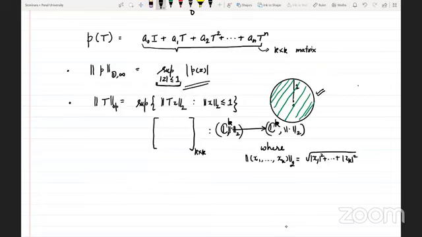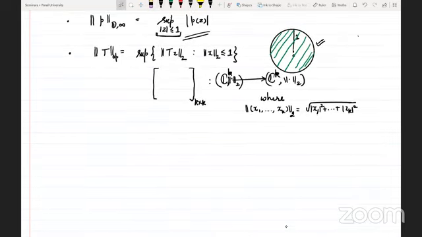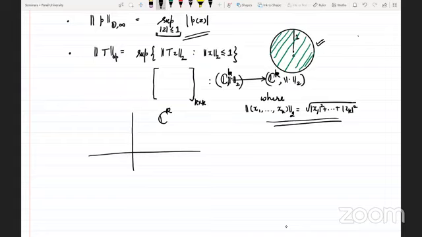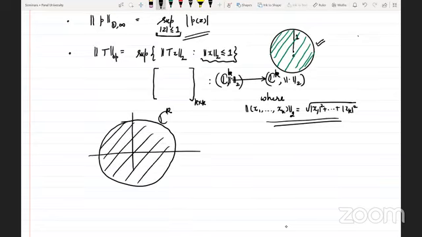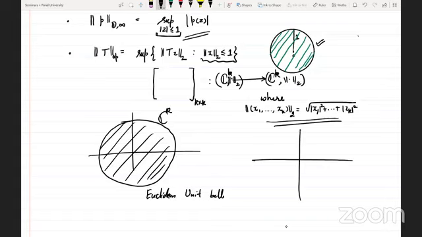Pictorially, let me just show you so that there is some intuition built. Let's say this is your C^k with the Euclidean norm; this set is going to be a ball kind of thing. Your T acts from C^k to C^k, but in particular it can act on this closed ball and it will map it to somewhere.